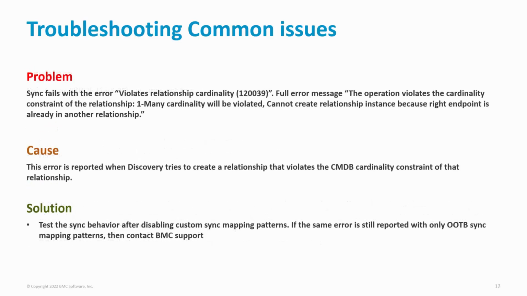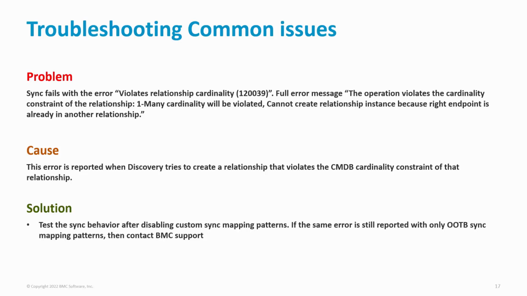The next issue is the violates relationship cardinality error being reported when you are syncing CIs. This error is reported when Discovery tries to create a relationship that violates the CMDB cardinality constraint for that particular relationship. One example would be trying to create a relationship from one VMware virtual machine to multiple ESX servers.